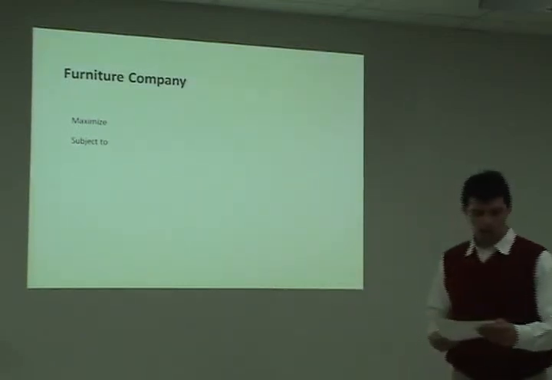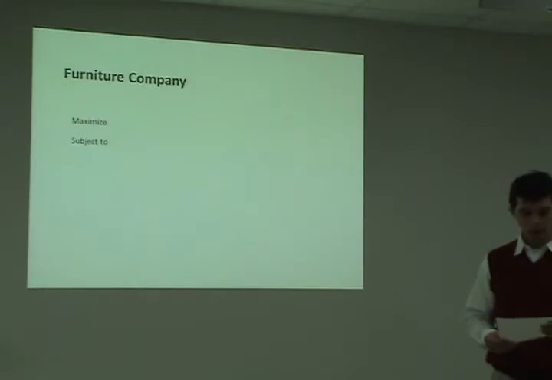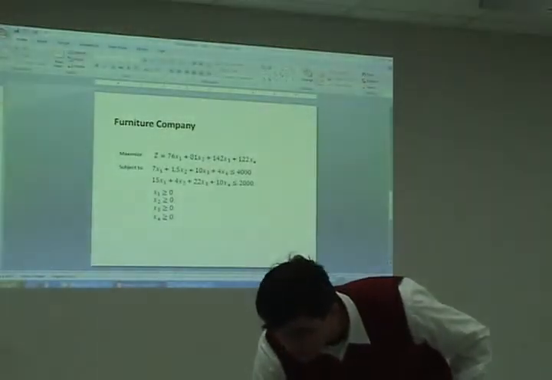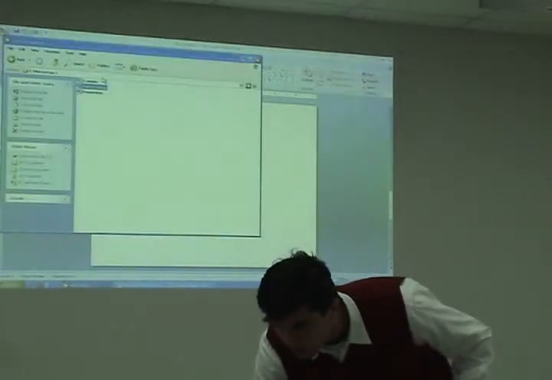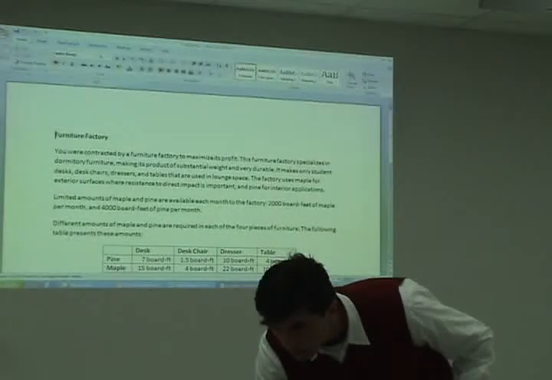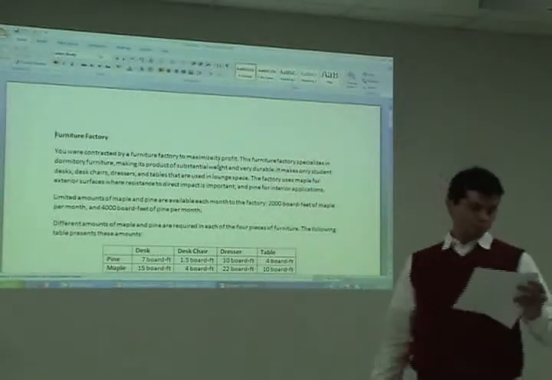So we have here a furniture factory. Well, I'm going to display it here, maybe for your convenience. So you were contracted by a furniture factory to maximize its profit.